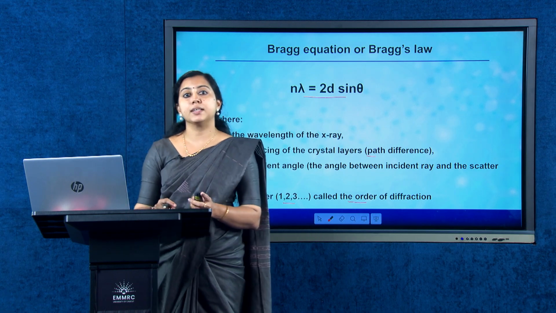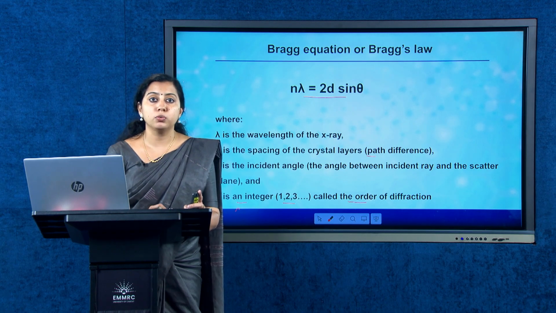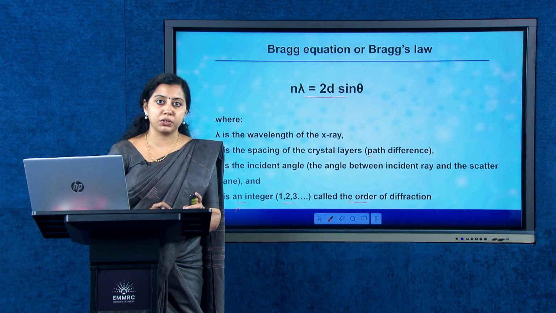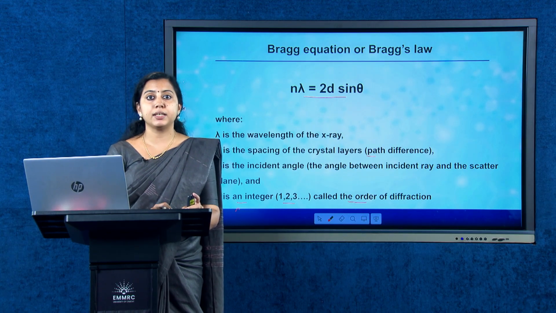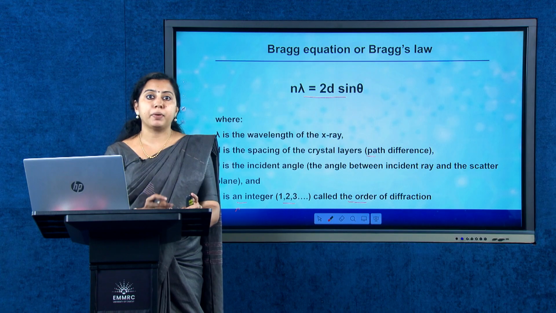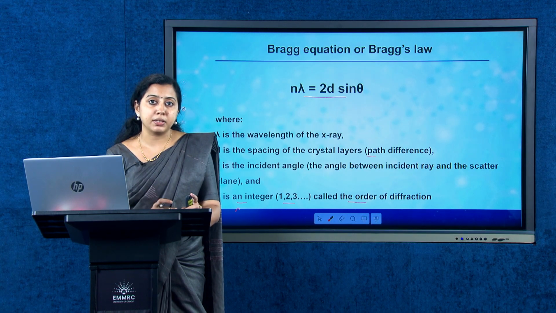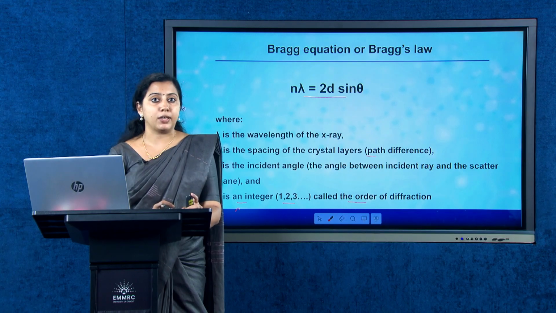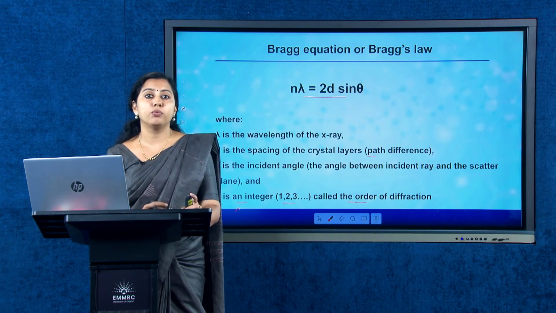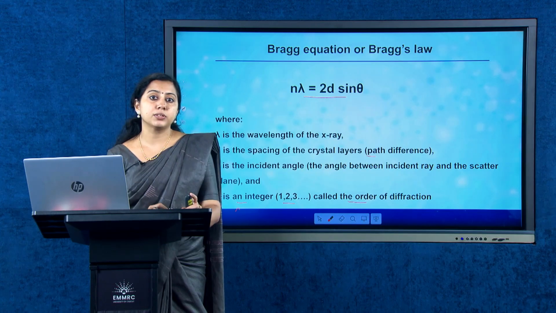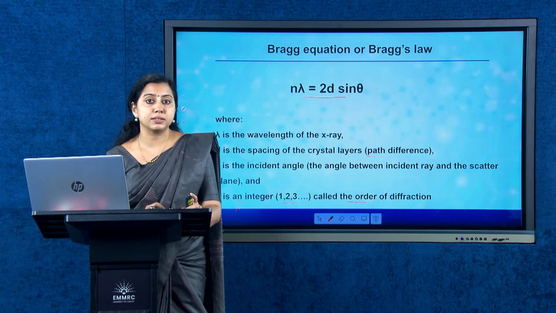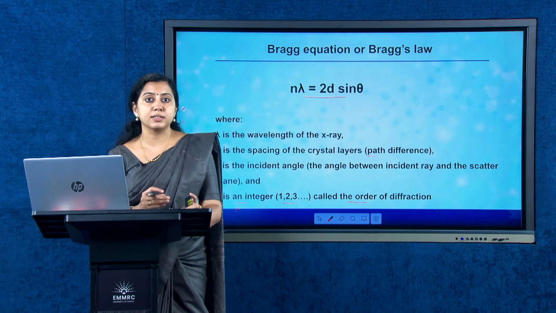In the previous class, we solved a few problems based on this equation. We have seen that if the other parameters are known, we can calculate either the wavelength of X-rays that we use, or the spacing between the planes d, or even the glancing angle or the incident angle.